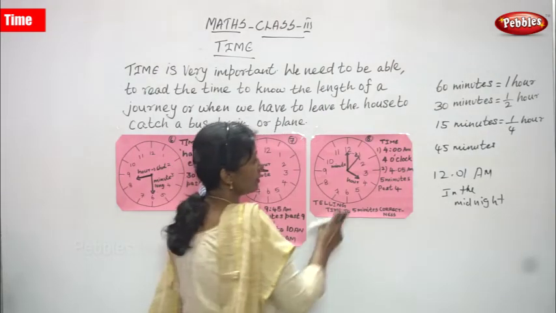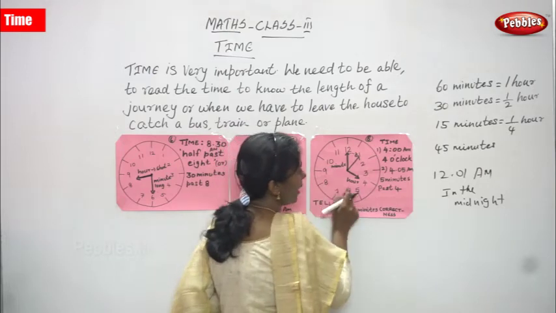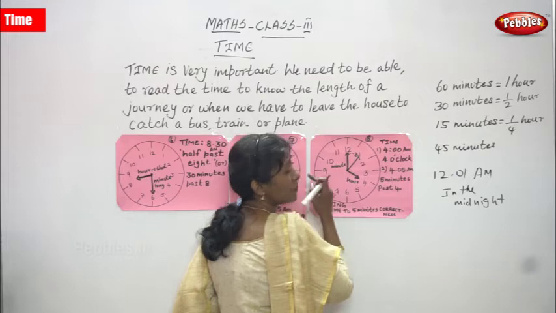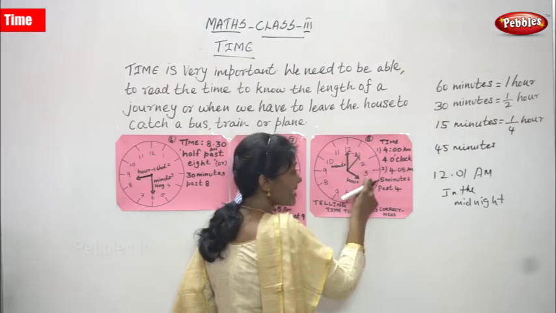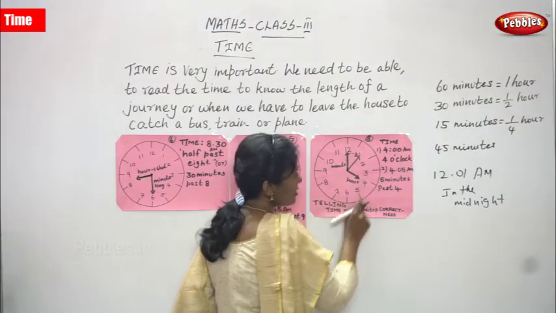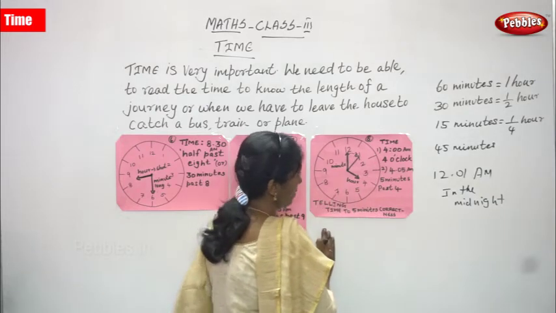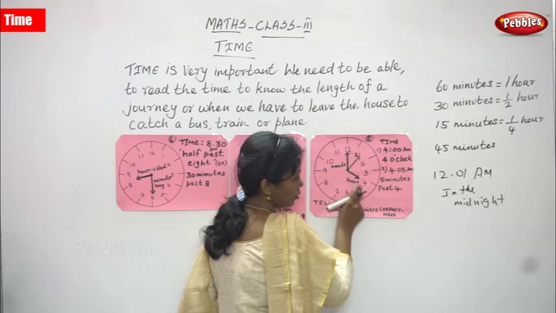Look at this. This is a clock. You know that you have two hands, one is the hour hand, the other is the minute hand. The minute hand always rotates and represents each and every number, but the hour hand stands in one particular place only. It is not moving.